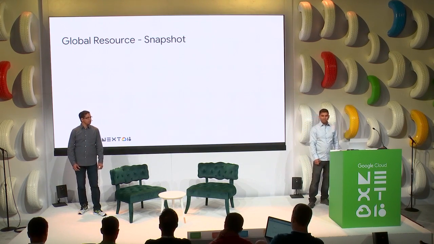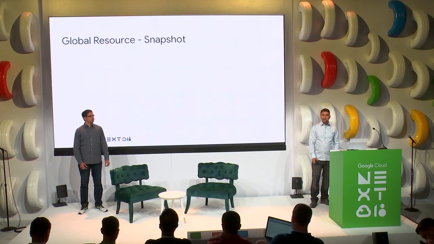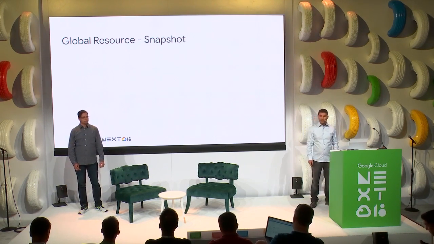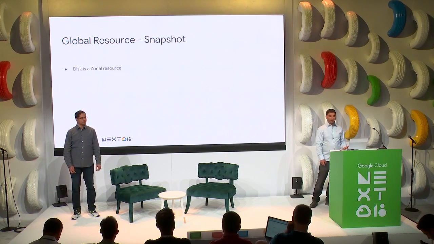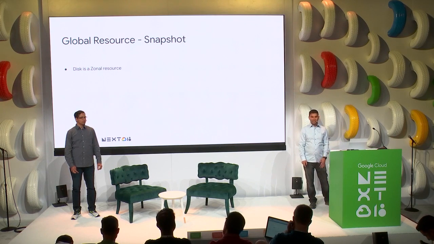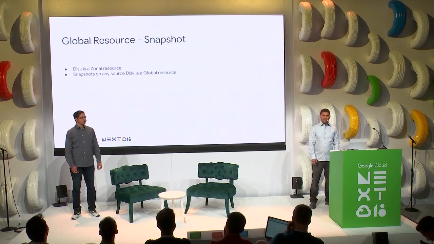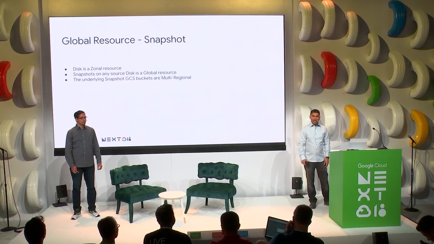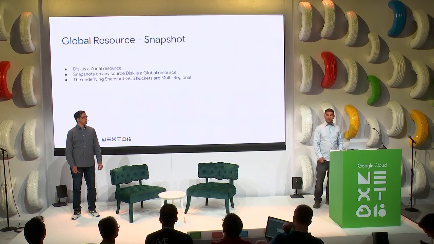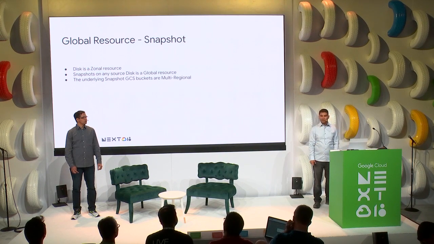So let's spend a minute on Snapshot. Snapshots are another global resource. Snapshots are taken on your disk, which is a zonal resource. However, there's something that we did that we never exposed to customers.